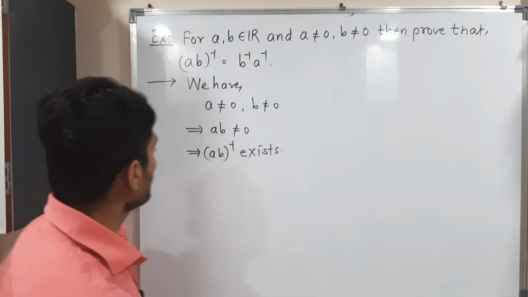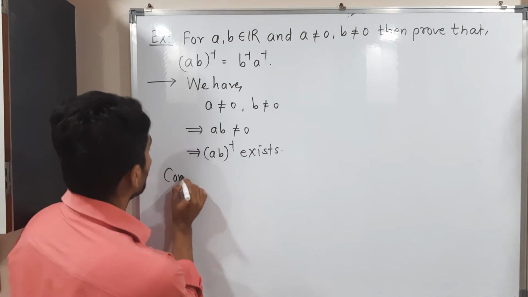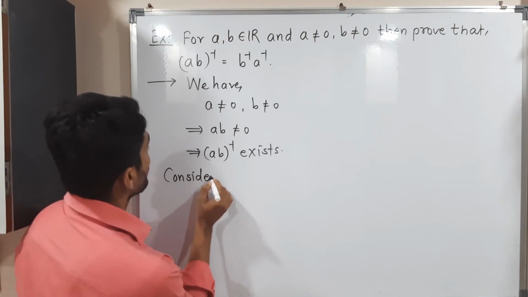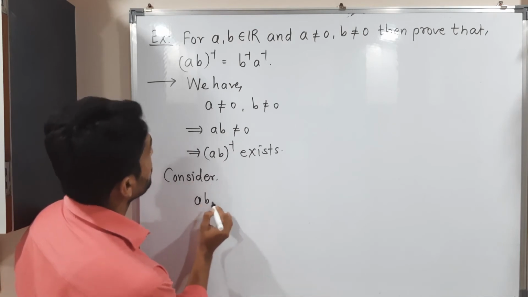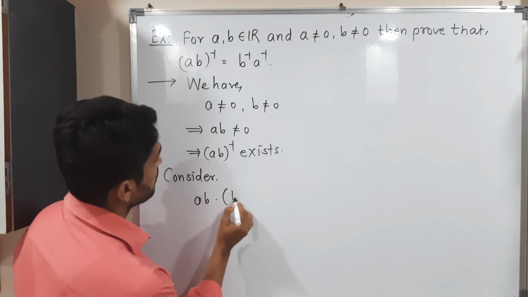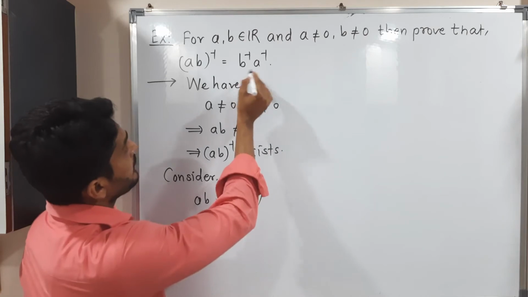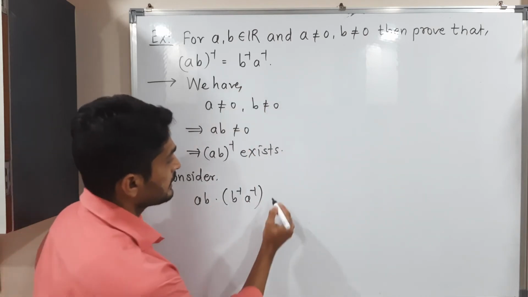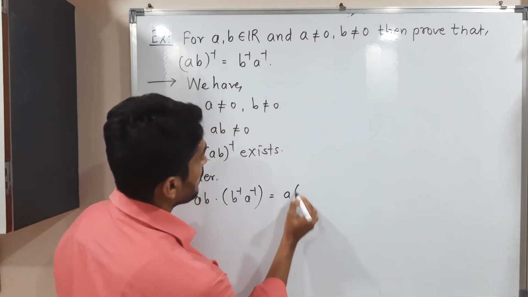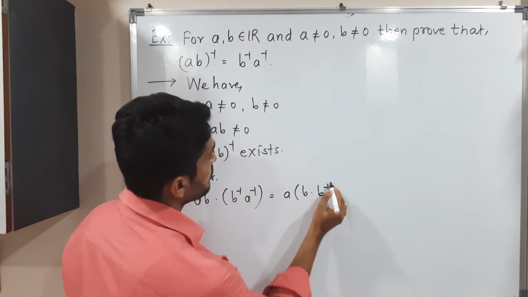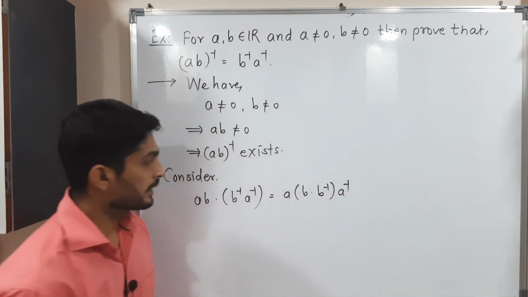Let us start now. I am going to consider ab into b inverse a inverse. I am taking the product of ab and b inverse a inverse, which is equal to a b into b inverse a inverse. We can write it in this way.